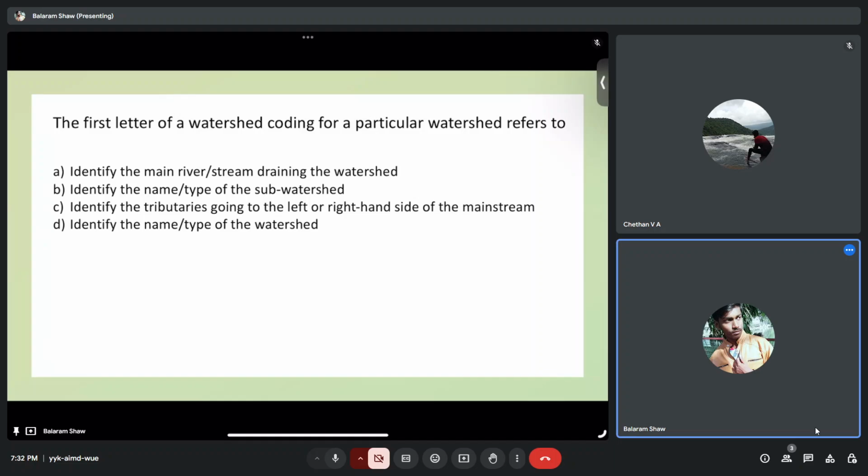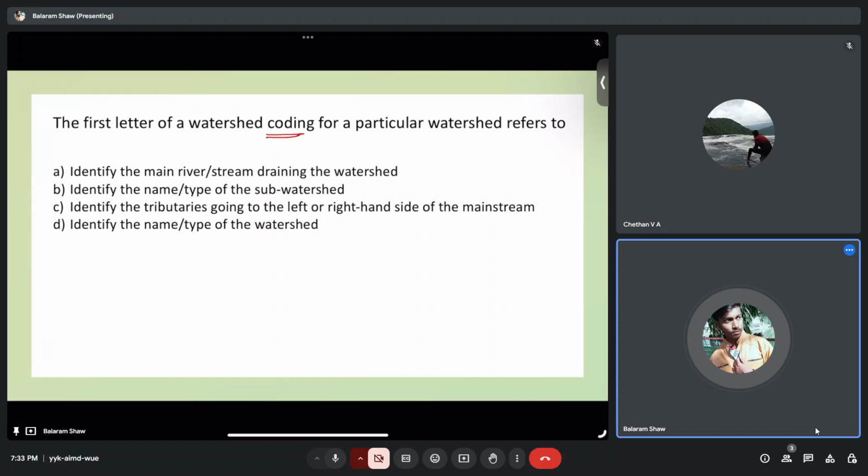Because if a very big name is there and it can have several properties, it's very tedious to write all the things in one place. That's why we do watershed coding. So the first letter in that code: the main river, or the mainstream that is draining the watershed, is identified, and the first letter of that name is considered as the first letter.